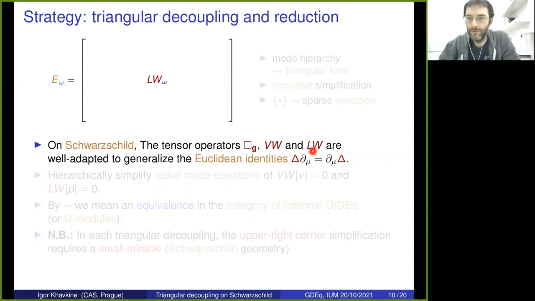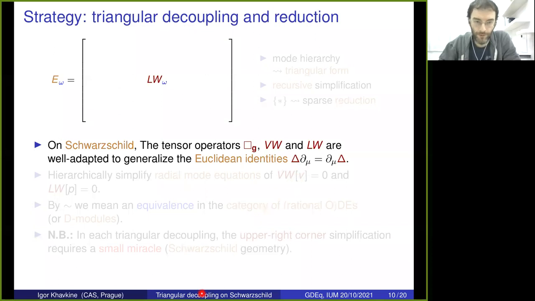It obeys some nice identities with respect to other natural operators that appear on a Riemannian manifold, like derivatives, gradients, divergences, and so on. You might recall from Euclidean space that the Laplacian for flat space satisfies some nice identities with respect to derivatives. It basically commutes with a normal derivative, and you can use this commutation to take divergences, gradients, and so on, which commute nicely with the Laplacian.